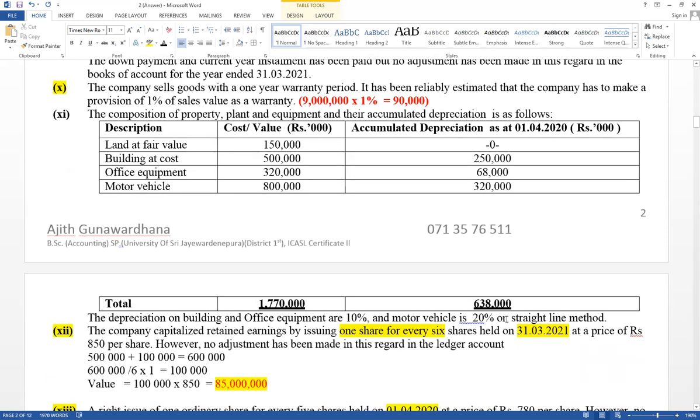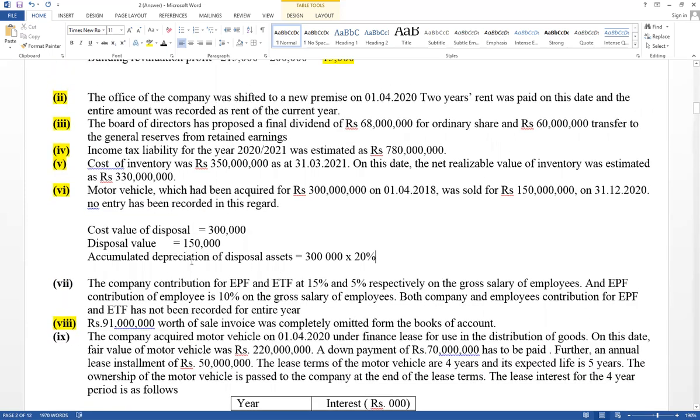The motor vehicle depreciation rate is given straight line method 20%. Think how to calculate accumulated depreciation. Cost value equal 300,000, annual rate 20%, into the years from purchase date to disposal date. It was used from purchase date to disposal date for 2 years and 9 months, so 2 years and 9 over 12. This is the accumulated depreciation from purchase date to disposal date. Therefore, try to calculate accumulated depreciation.